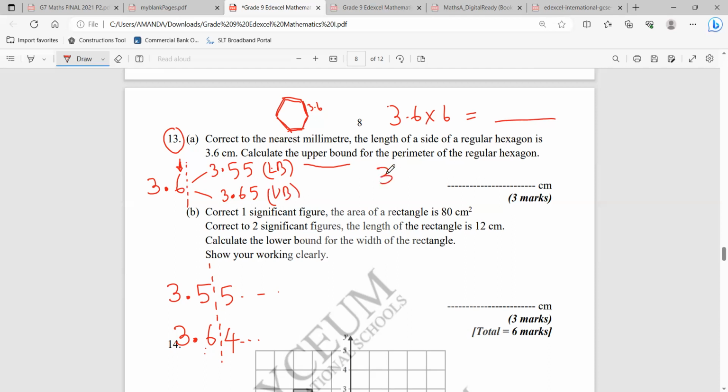So we are not going to do 3.6 times 6. Instead, 3.65 times 6 will give you the answer. Let's see what 3.65 times 6 is. It equals 21.9 centimeters.